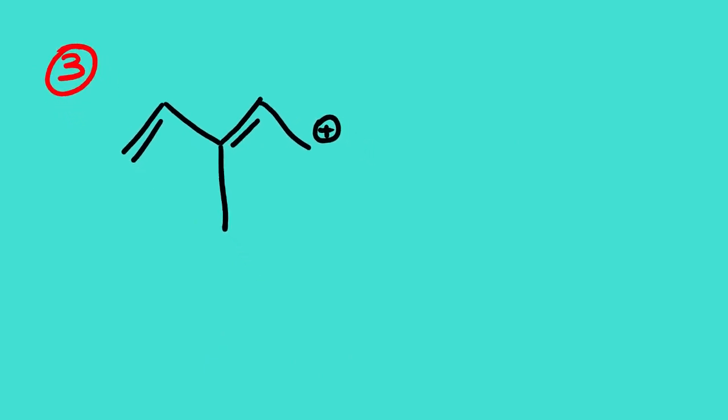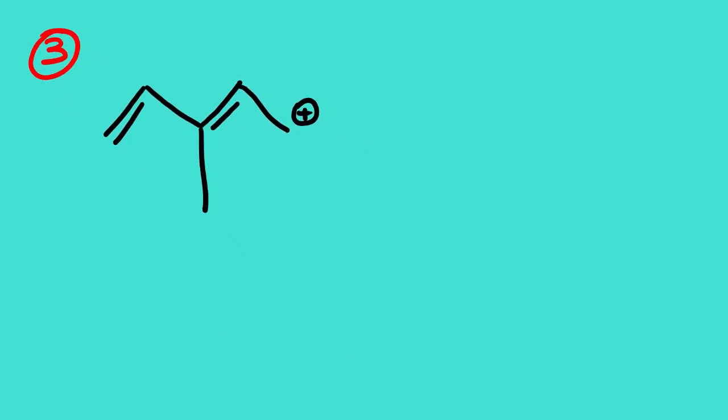For this one, we can actually have a number of resonance structures. Now what we can do, we can take this pi bond, it moves to the region of low electron density. As you can see, this carbon, it has a positive charge.